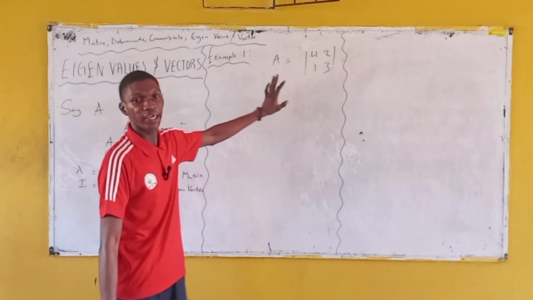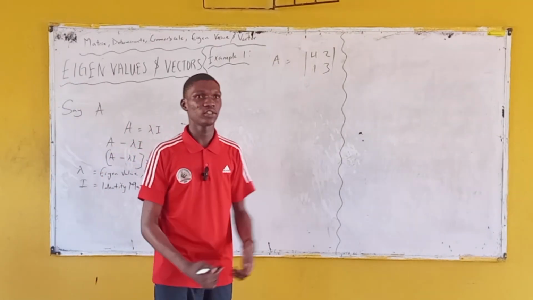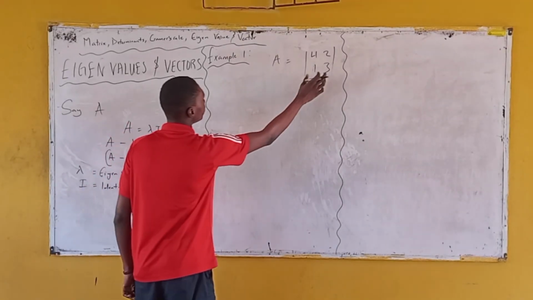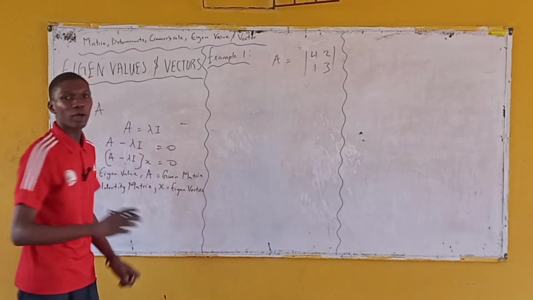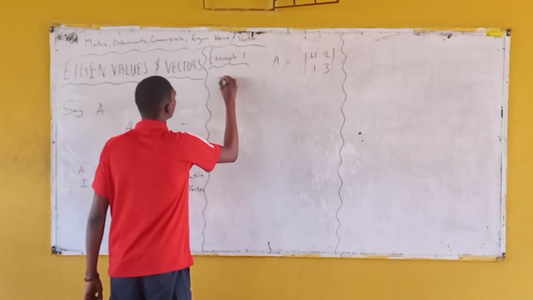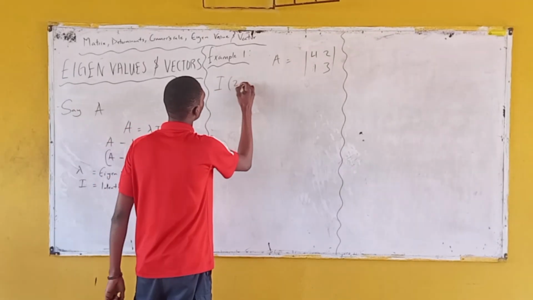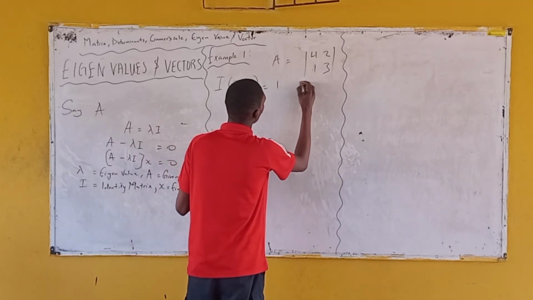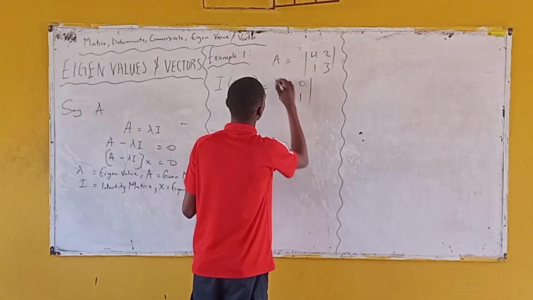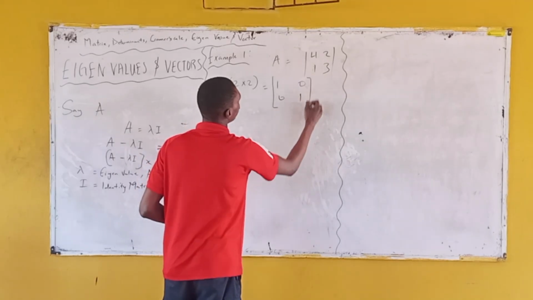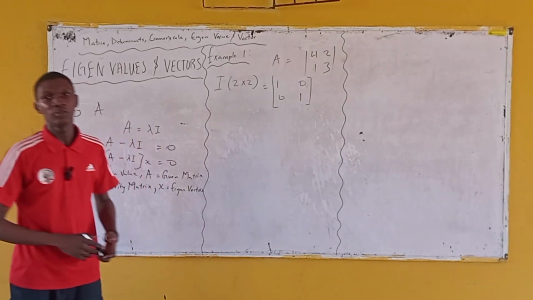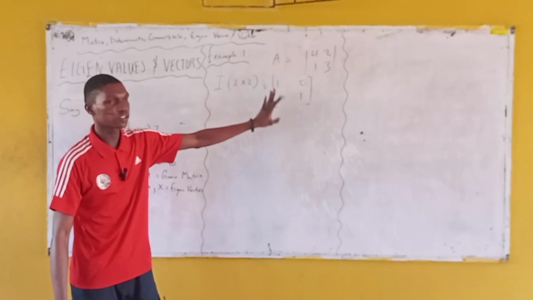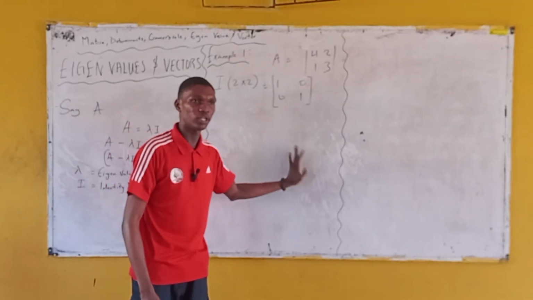This A is our given matrix, 4, 2, 1, 3. The identity matrix for a 2 by 2 matrix is 1, 0, 0, 1. Note that the identity matrix for a 2 by 2 matrix is 1, 0, 0, 1.